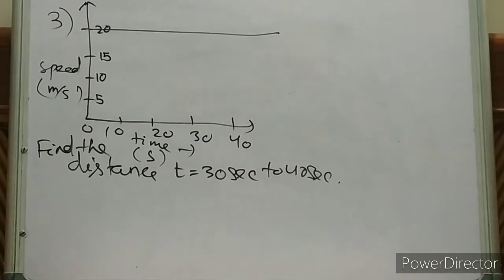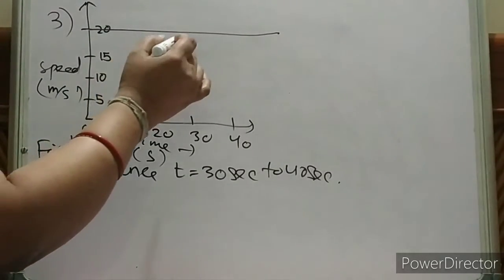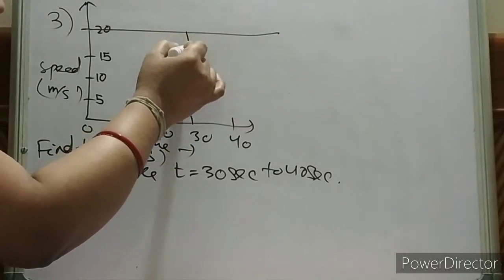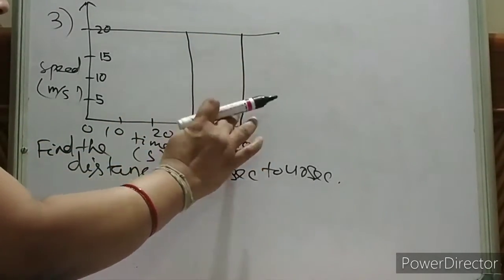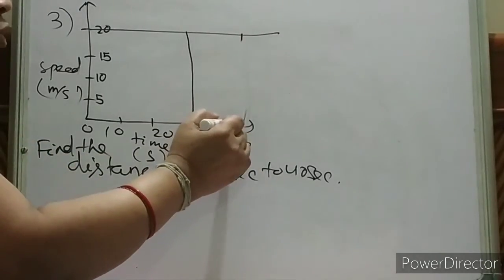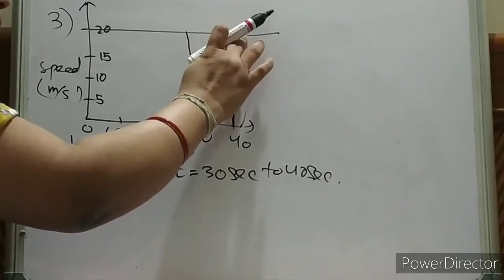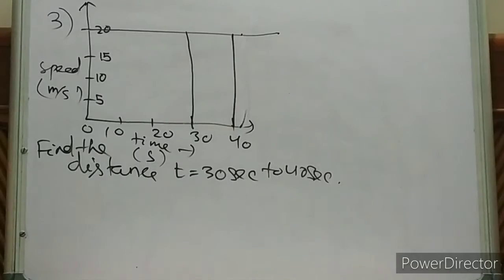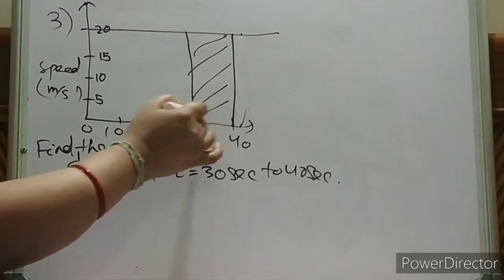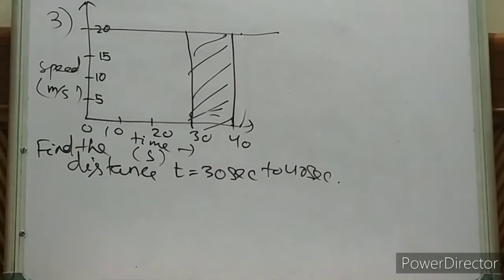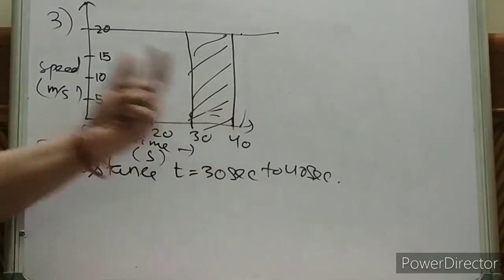You have to find out the area covered under the curve. Just drop the perpendicular line with the time axis. So if you can find out this area, this is the distance covered by the object between 30 to 40 seconds.